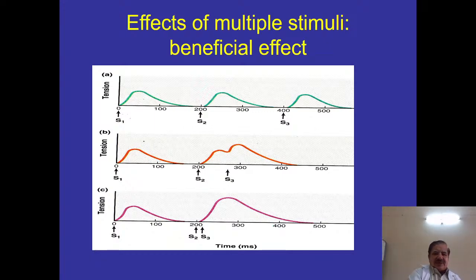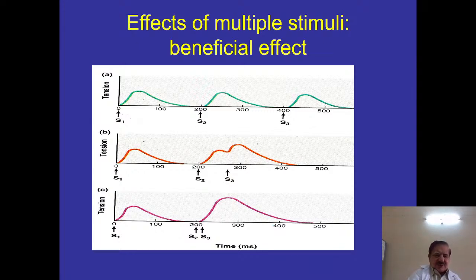Effect of stimuli, that is a beneficial effect. Why do you say that is beneficial? When you are giving a stimulus, that is, one stimulus has been given from an electrode, there is a contraction. As soon as there is a relaxation, you are giving a second stimulus.